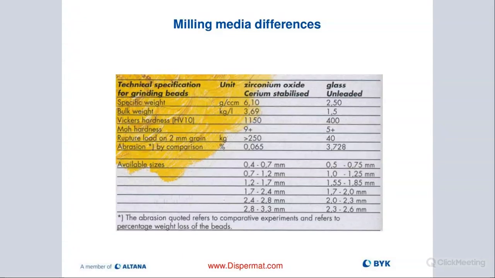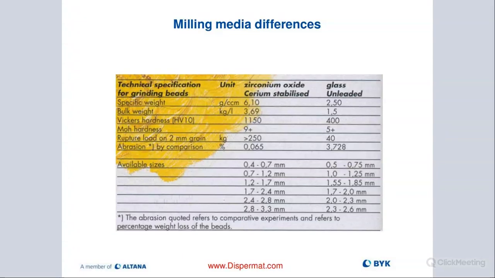We need to talk also about the different types of media. So there are a lot of media suppliers out there. You find that there are steel beads, there are glass beads, and, of course, zirconium with ceramic beads. And we really want to look at the difference here on this picture, glass, because a lot of people are still using glass, versus the advantages that you will get when you upgrade to a heavier and stronger zirconium oxide ceramic bead.